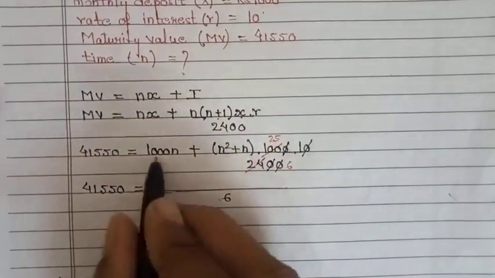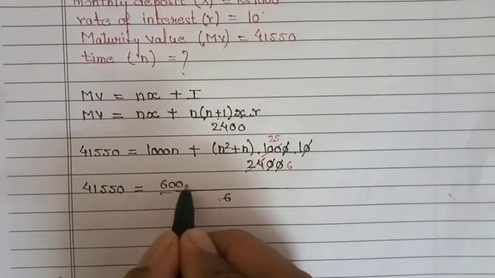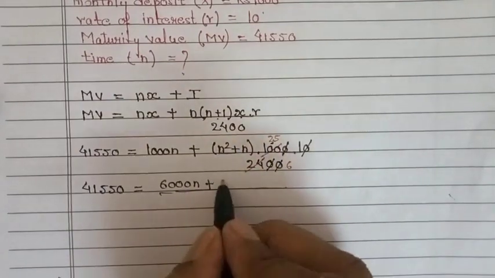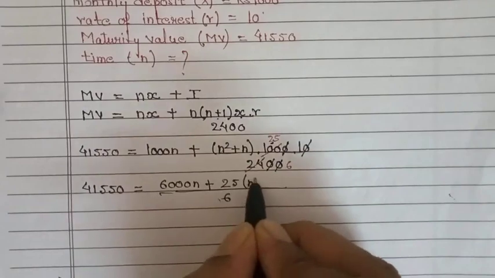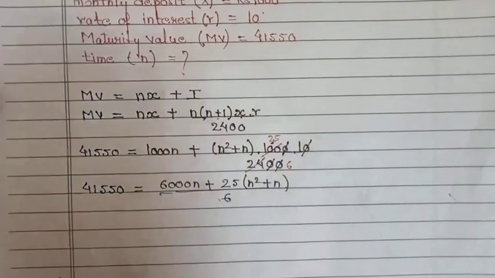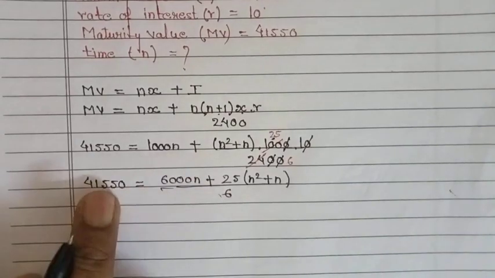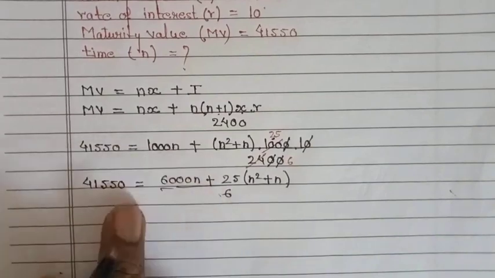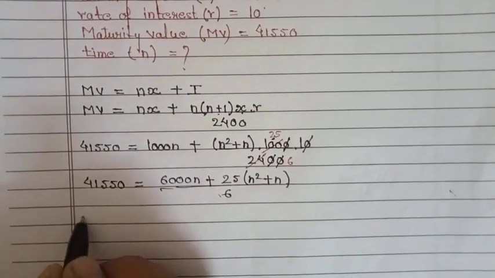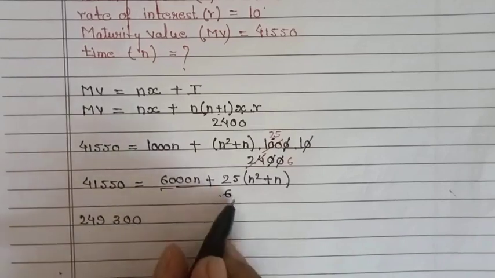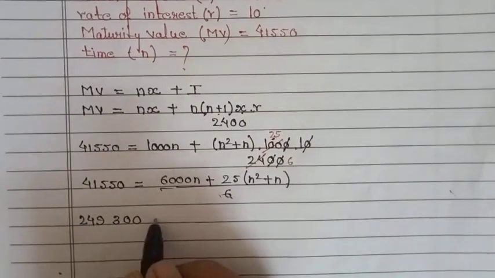So this will become 6000N plus this will be multiplied by 25, like this. So we have taken LCM on the right side to simplify it. Now when you cross multiply 41550 by 6, you are getting 249,300.